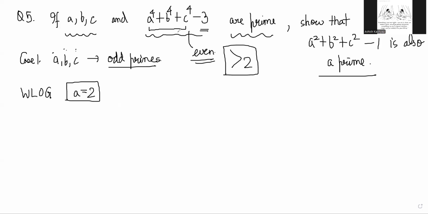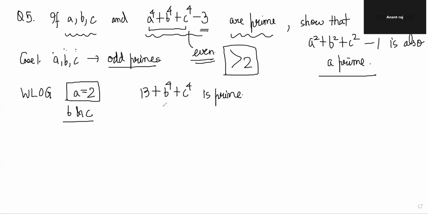We are getting 13 plus B power 4 plus C power 4 is prime. B and C are odd, so this adds up to an odd number, right? So we are taking the case A is 2 and B and C are some odd primes.